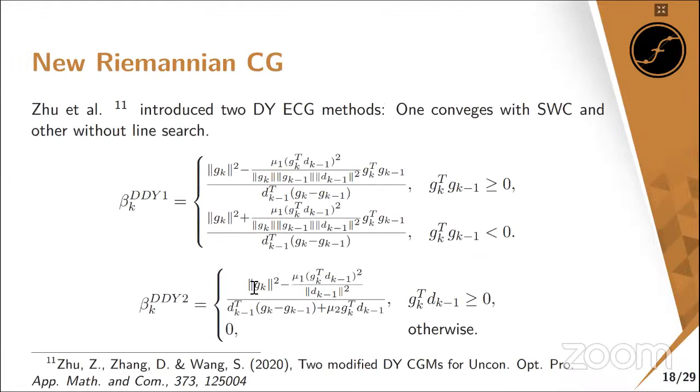Our new conjugate gradient method is motivated by the work of Zhu et al. in 2020, whereby they proposed the following DY parameters with these structures. So we want to extend and generalize these structures onto the Riemannian CG parameters based on the definitions 1, 2, 3 above.